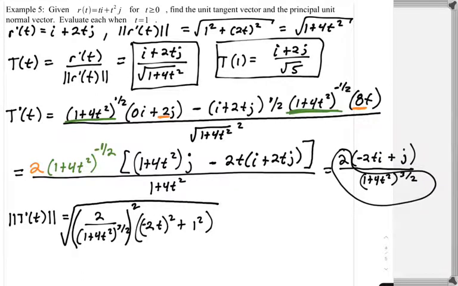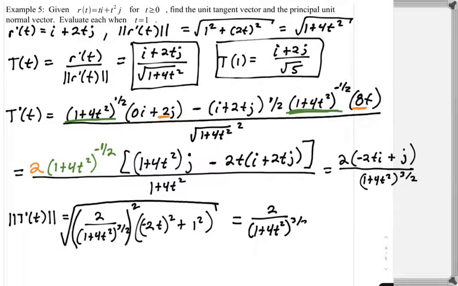I'm running out of space here, so technically you'd have this times both of these, but I've already simplified that a little bit. Now we can take the square root of the square part, and we get 2 over (1 plus 4t squared) to the 3/2, and then times the square root of 4t squared plus 1.